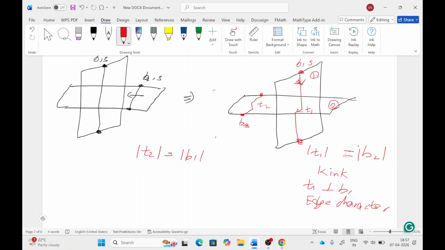While for dislocation 2, it is displacing out of the plane, and this is T2 and this is B2. So T2 and B2 are perpendicular and it is out of plane.